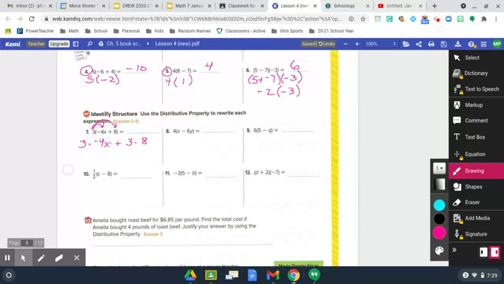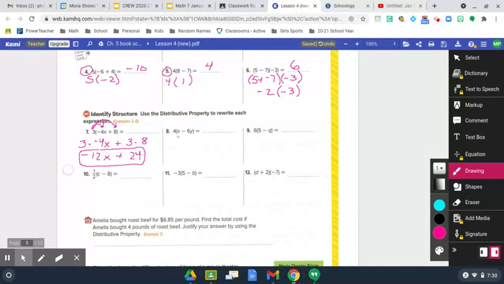Let's start to simplify. 3 times negative 4, negative 12x, plus 3 times 8, 24. Final simplified answer for my expression using distributive property, negative 12x plus 24.